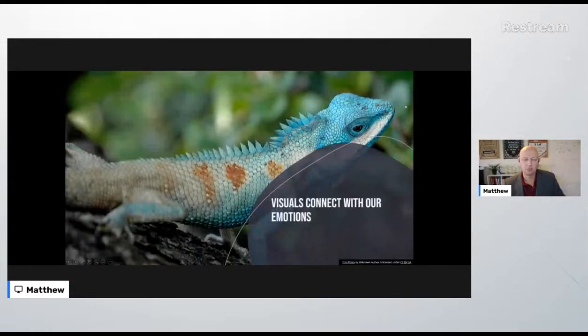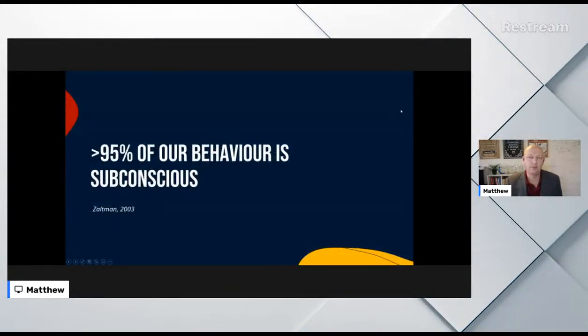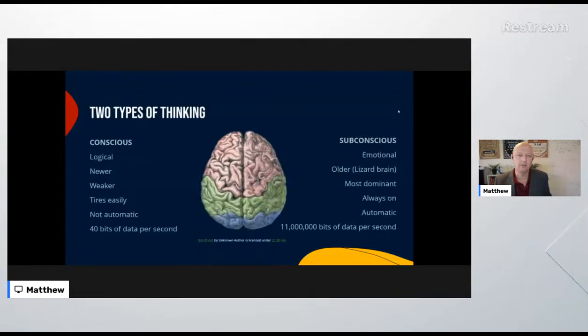Because the reality is what we're trying to do is we're trying to connect with emotions, okay? We want to connect emotionally with people. And the reality is that 95% of our behaviors is subconscious. And that subconscious behavior is very much driven by our lizard brain, which is our subconscious, our emotional brain.